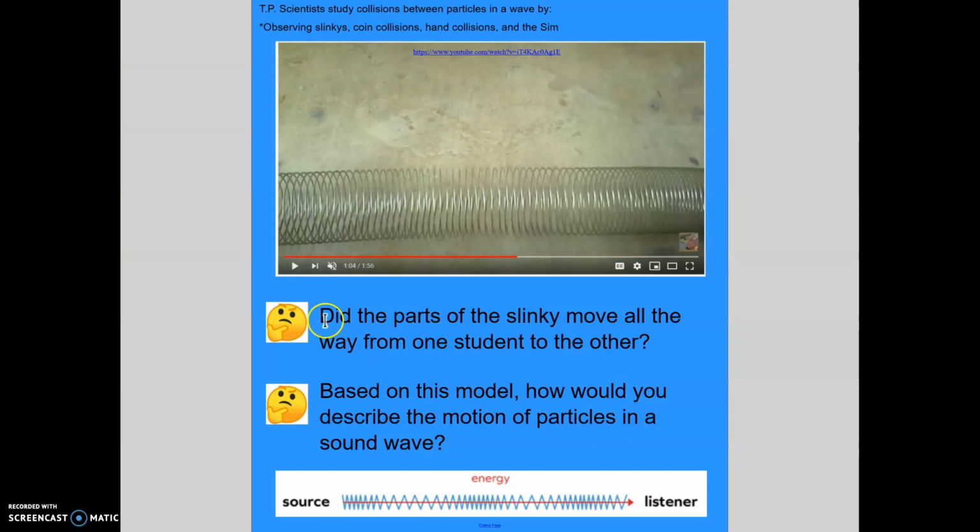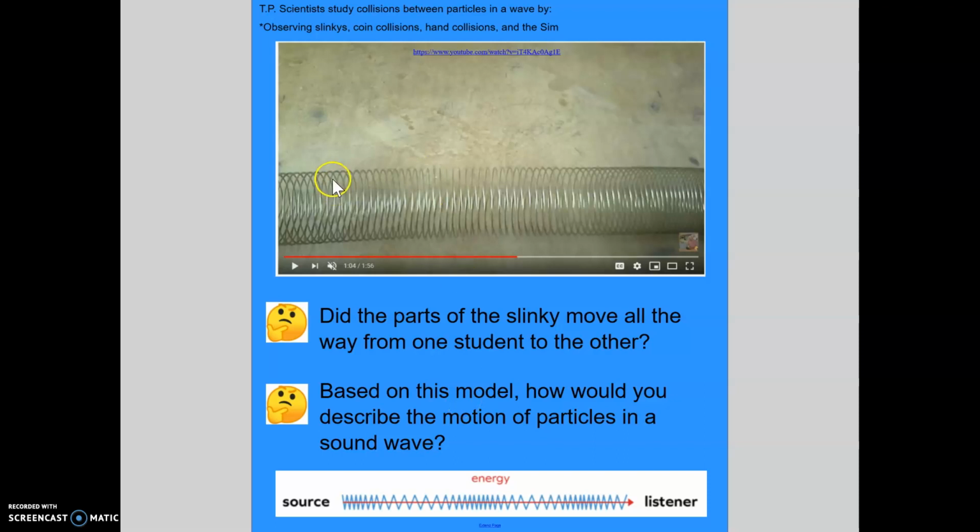Okay, so did the whole slinky move all the way from one side to the other? No, it didn't. We saw that the energy came from the man's hand, and the source moved that energy across, but the whole slinky didn't move. It was only parts of it that moved. So based on this model, how would you describe the motion of particles in a sound wave?